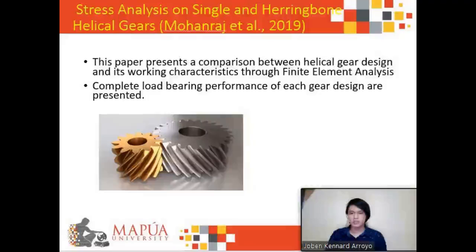This paper presents a comparison between helical gear design and its working characteristics through finite element analysis. The researchers attempted to identify the best suited helical gear design for stresses present on the given application. The effects of tooth bending stress on single herringbone helical gears are studied through finite element analysis and compared with the theoretical analysis.